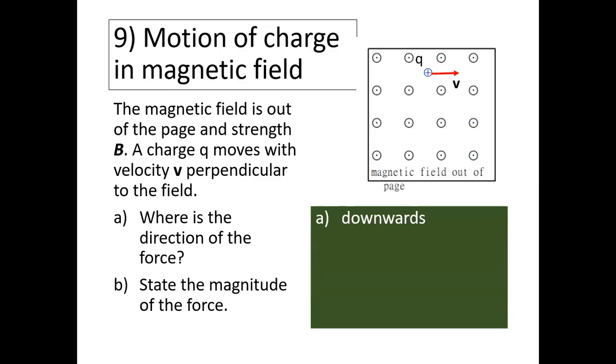Left hand rule, left hand. There's your field coming out. There's your current. Can or not? There's your field coming out, this finger coming out, that finger is current. So that is your force.